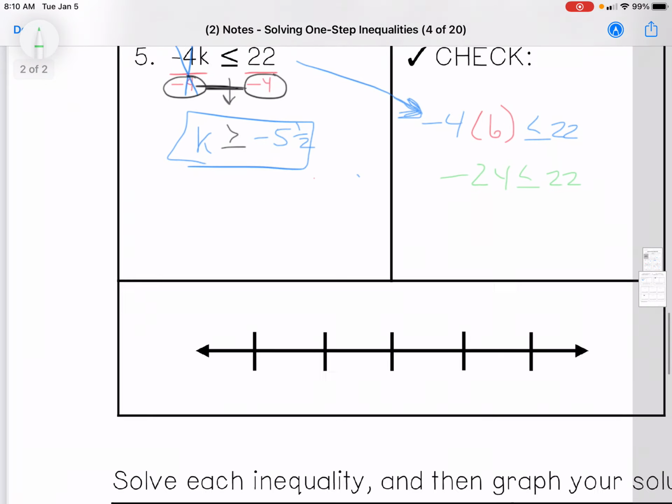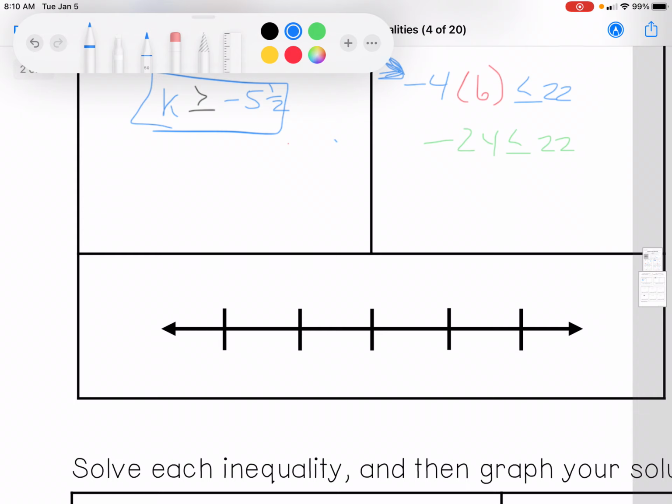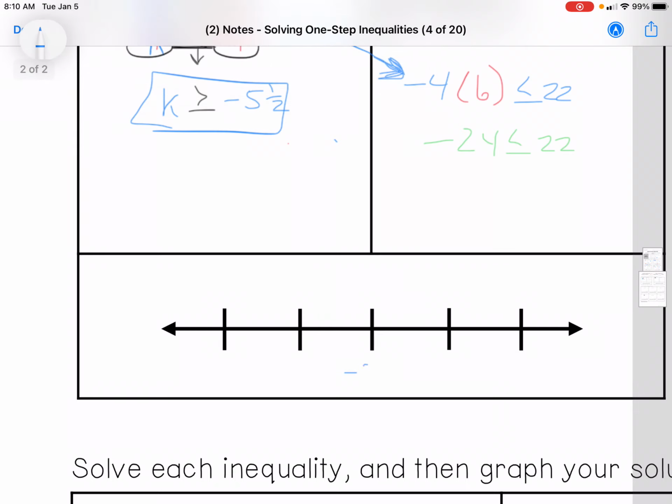All right. So we're going to do -5.5. Now, when you draw the graph, make sure you understand that you're on negatives.